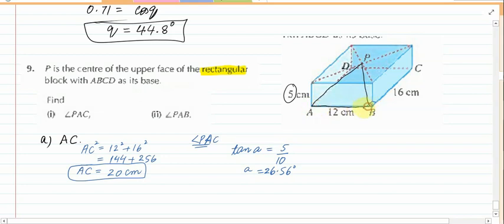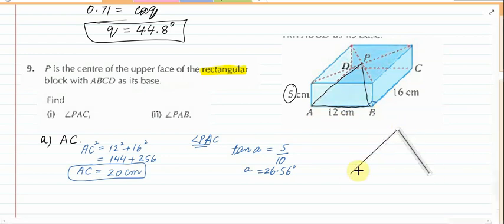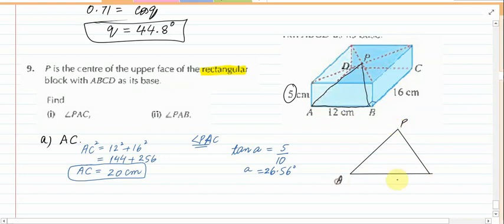Now again a similar scenario, that in this triangle, if I draw it separately, P, A and B, in this triangle there is no 90 degree, right? But I know that the value of PA and PB, they must be equal because we are dealing with the rectangle, right? So we have the value of PA, not right now, but we can find it, right?